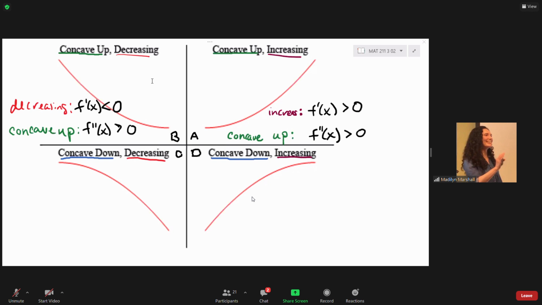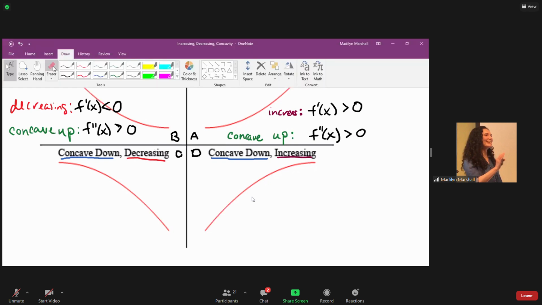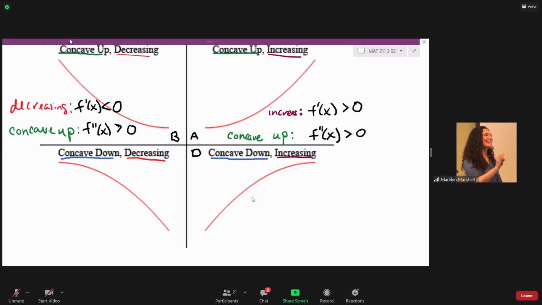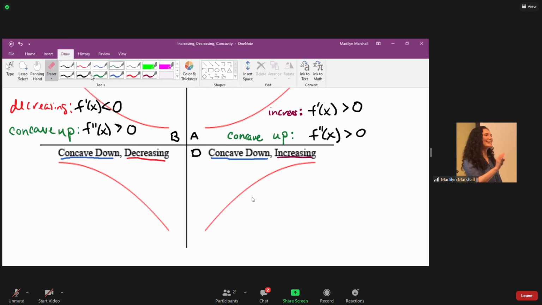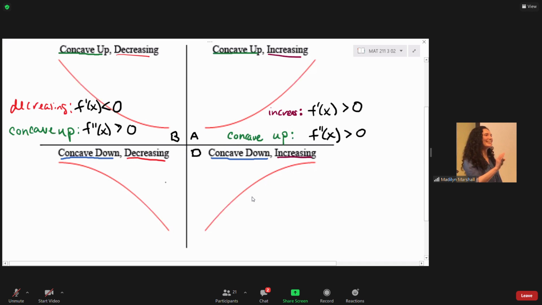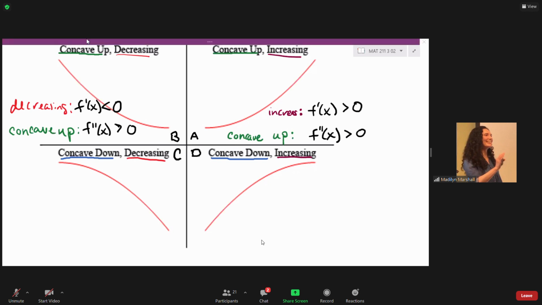So now we're on graph C, and that C is a little bit hard to read. So graph C is concave down and decreasing. So let me put up one more poll. So same choices. Graph C, concave down and decreasing.